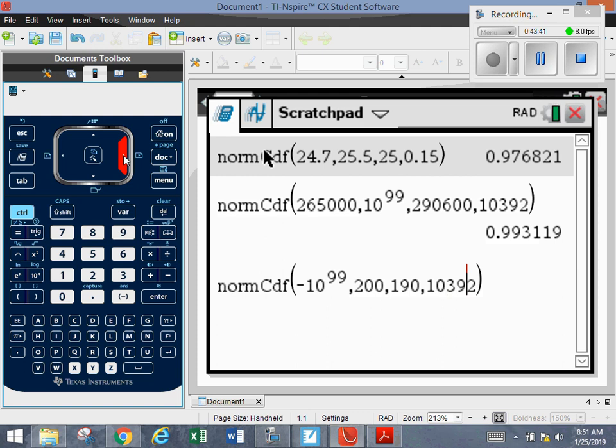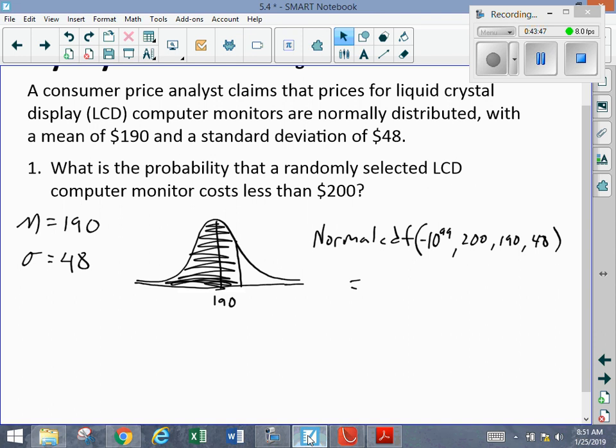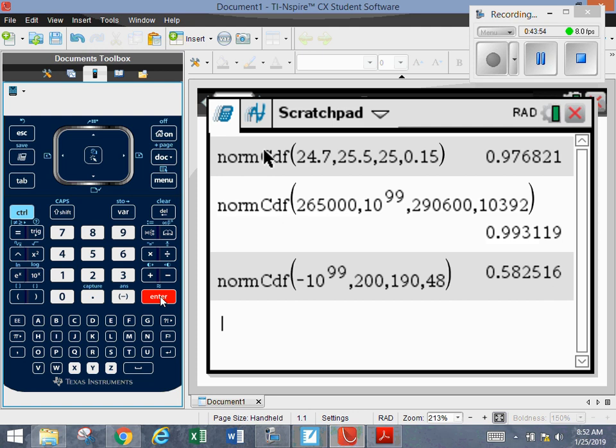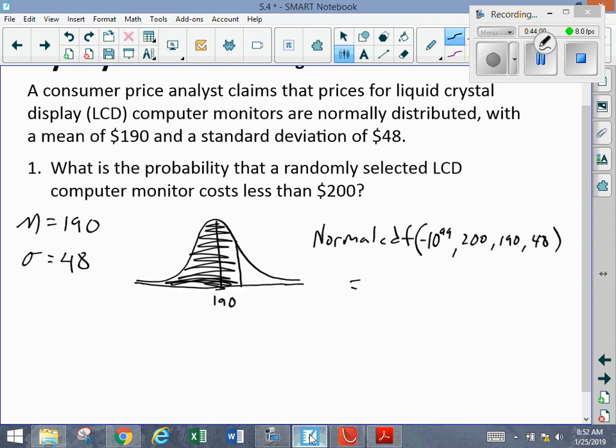Standard deviation 40. Yes. Enter. Approximately 0.5825. Done. Boom. No problem.